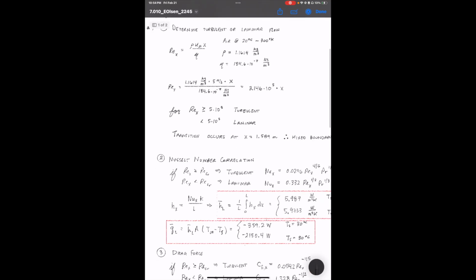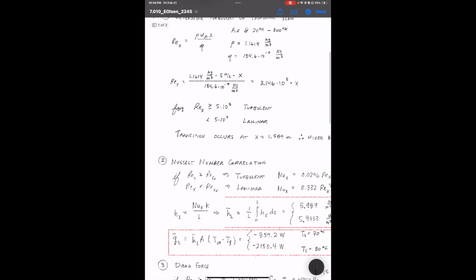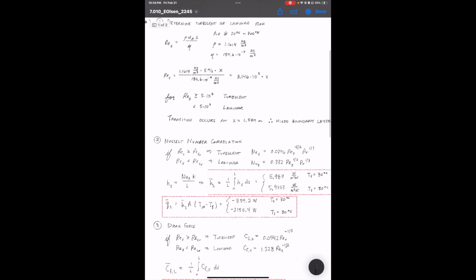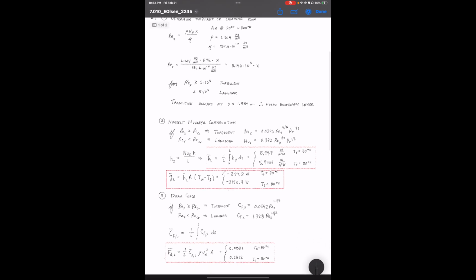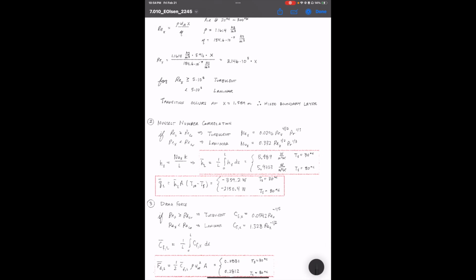And so our critical Reynolds number for a flat plate is given to be 5 times 10 to the fifth. And so any value above that is going to be turbulent, and any value below that's going to be laminar flow. And there's some transition region in there, but we're assuming that it's going to be tripped instantaneously between laminar and turbulent flow to avoid any additional complexity.